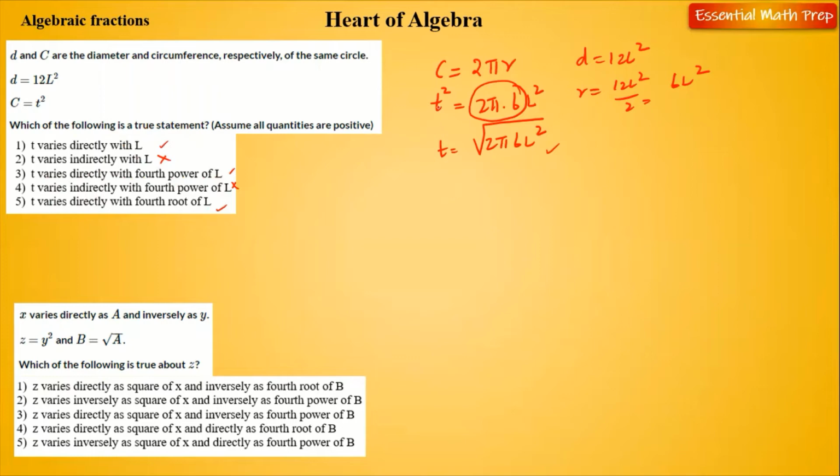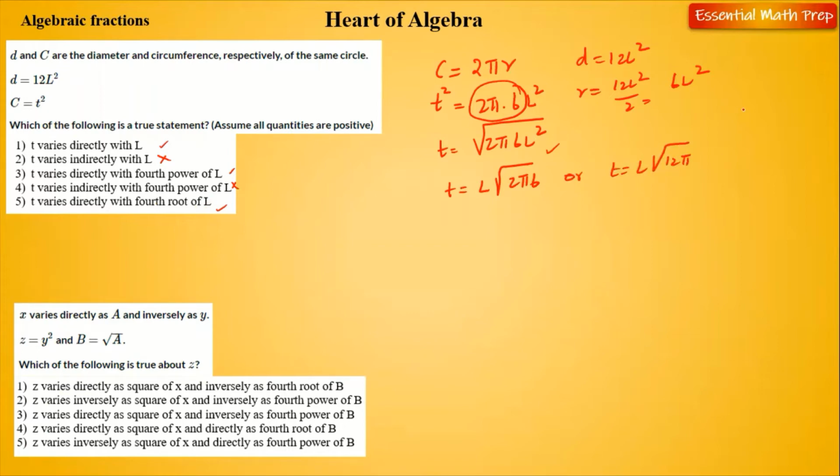Whether you leave it as T squared or T, irrespective of it, say you take the square root. Well, there's no way that's the fourth root of L, is it? In fact, if you think about it, it would be T equals L square root of 2 pi 6, or T equals L 12 pi.